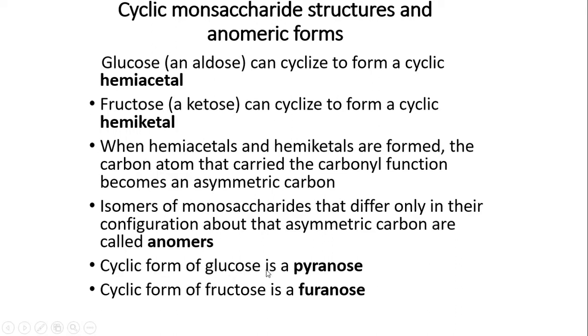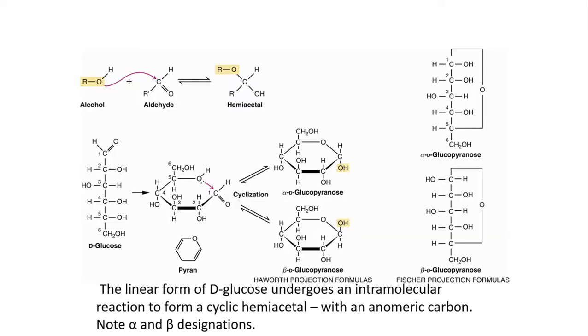Cyclic forms of glucose are pyranoses. Cyclic forms of fructose are furanoses. So glucose would be glucopyranose, a 6-membered ring. Fructose in its cyclic form would be fructofuranose, which is a 5-membered ring. We are going to learn to convert the linear Fischer projection into a cyclic structure, the hemiacetal in this case.